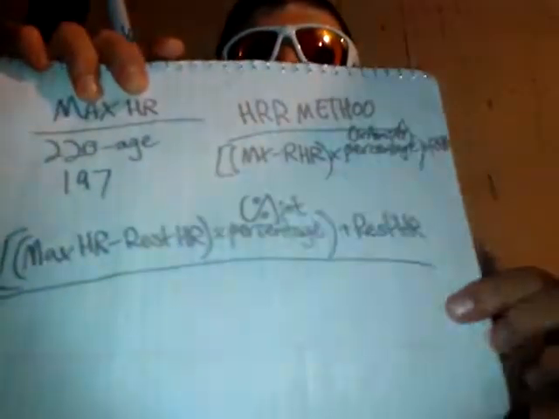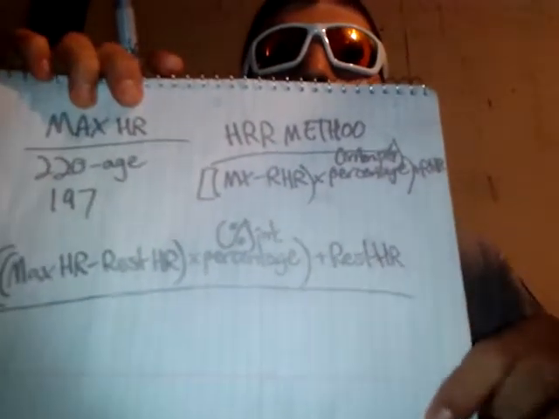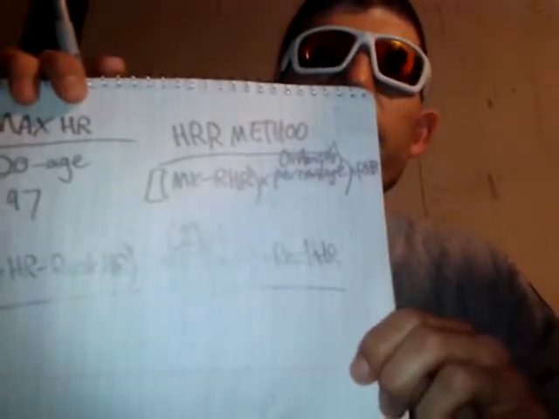So the equation underlined is the way to determine your target heart rate for your goals, whether it be fat loss, fat maintenance, increasing your VO2 max, which is your cardiac output, how well your body can use and distribute oxygen.